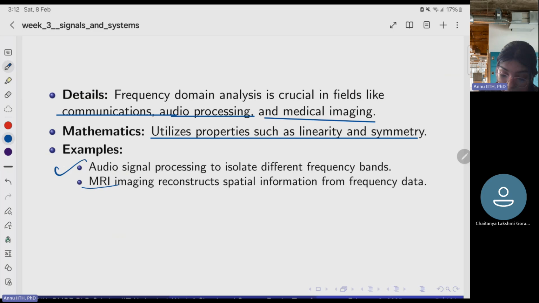MRI imaging reconstructs spatial information from the frequency data. So that's why we are converting the time domain signal to a frequency domain signal.